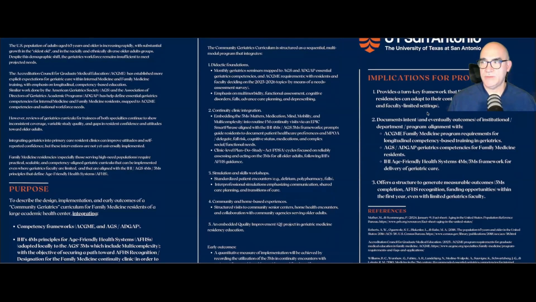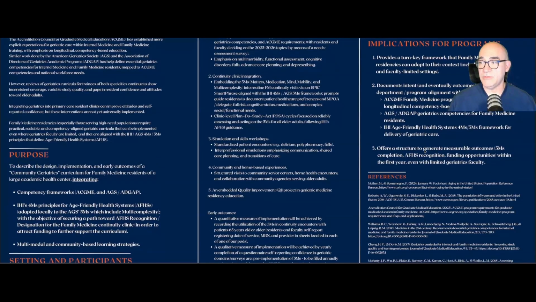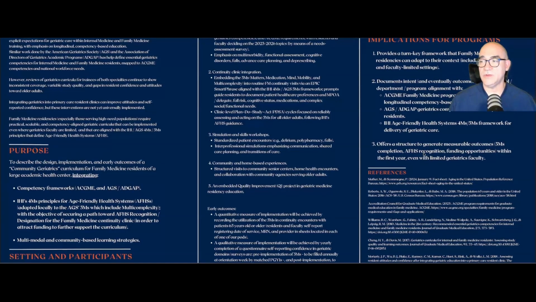Implications for programs: this provides a turnkey framework that family medicine residencies can adopt to their context. It documents intent and eventually outcomes of institutional, department, and program alignment with ACGME, AGS, ADGAP, and IHI, and offers a structure to generate measurable outcomes of the 5Ms completion.